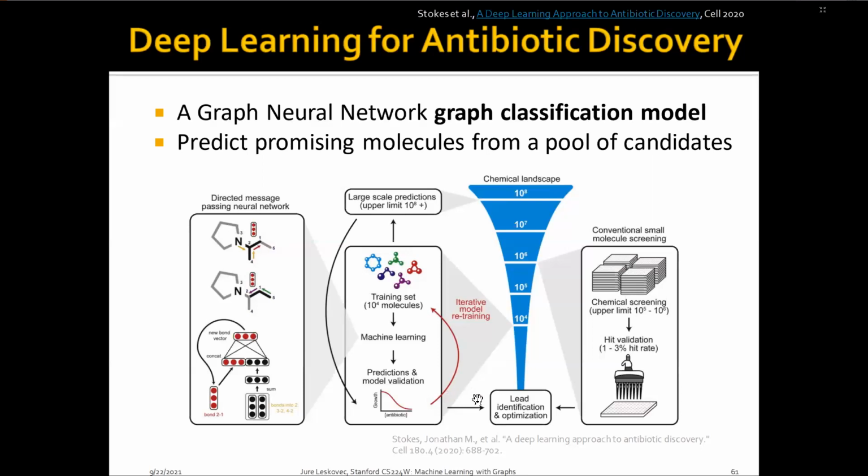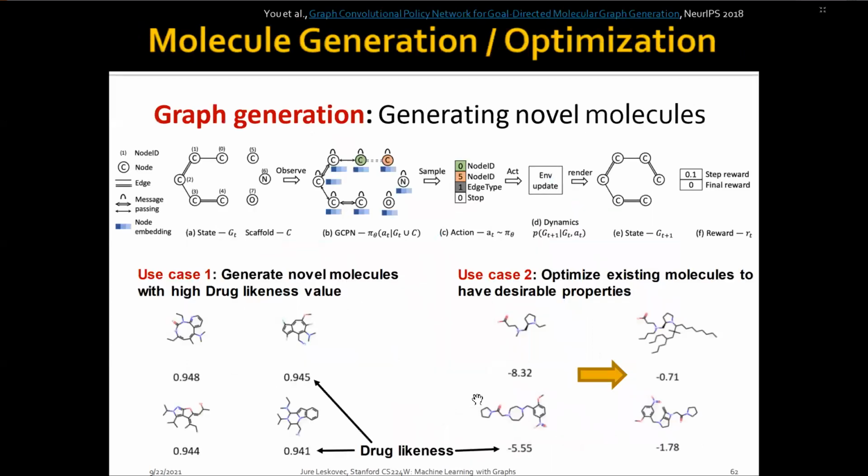So this is one way to do it, that you can just predict the drug effectiveness, or you can directly generate graphs, right? So you can train a model to generate novel molecules with high drug likeness values. Right?